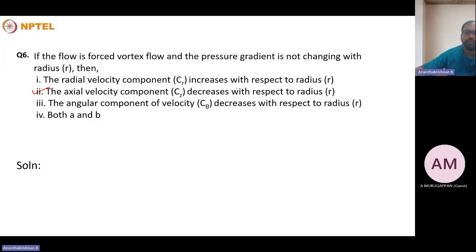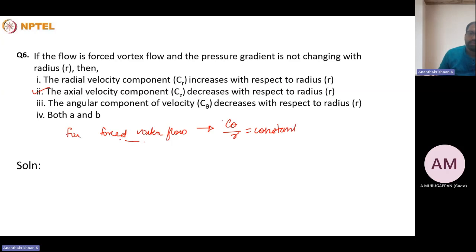How to derive it? We have to go to the basics of forced vortex flow and the equation for radial equilibrium. For forced vortex flow, what we can say is that C theta divided by r is a constant.